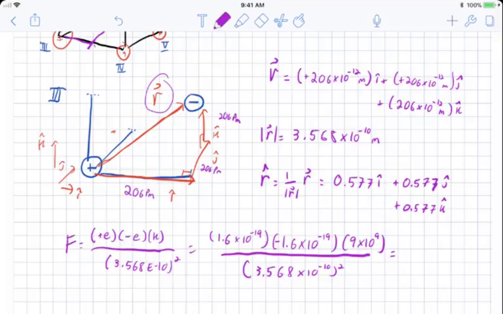Oh, but I gotta do it again. I got that truncation error I was telling you earlier about. Okay, 1.6 e minus 19 times minus 1.6 e minus 19 times 9 e 9, divided by 3.568 e minus 10, squared.